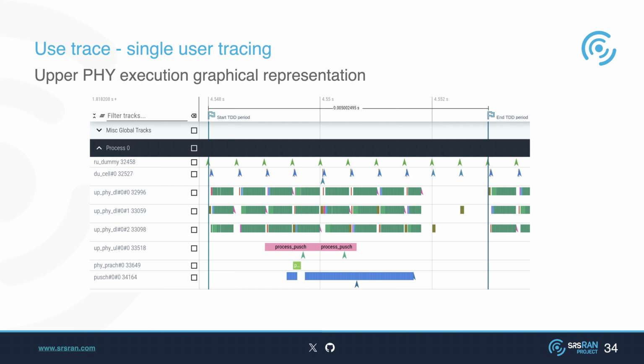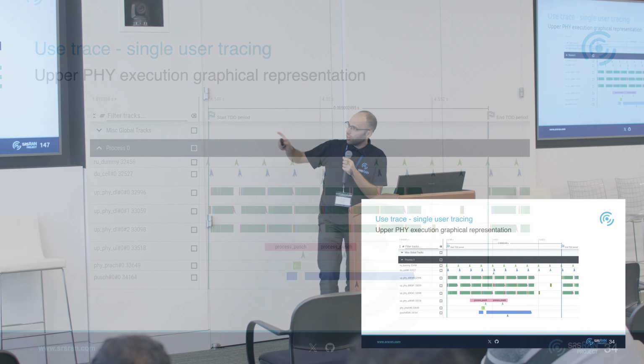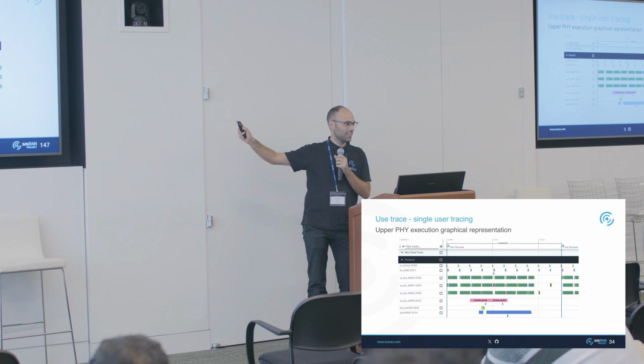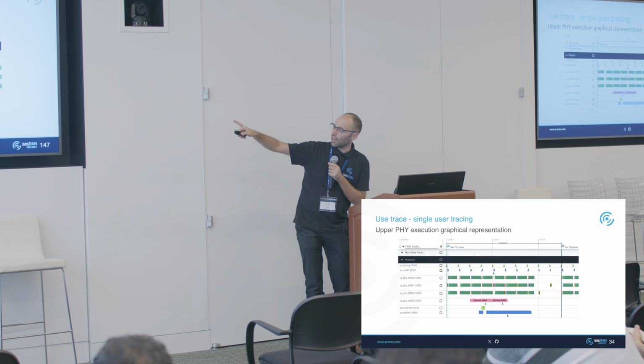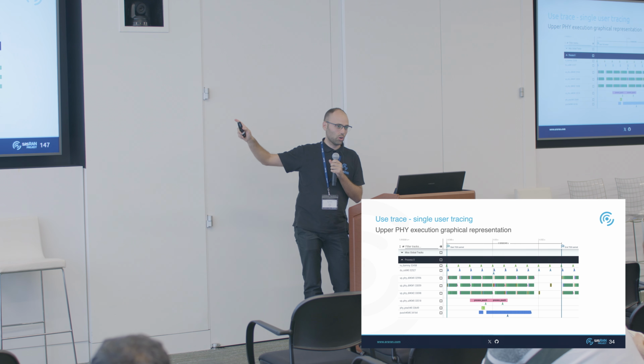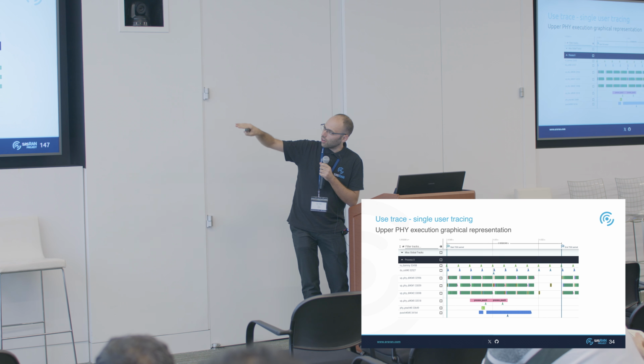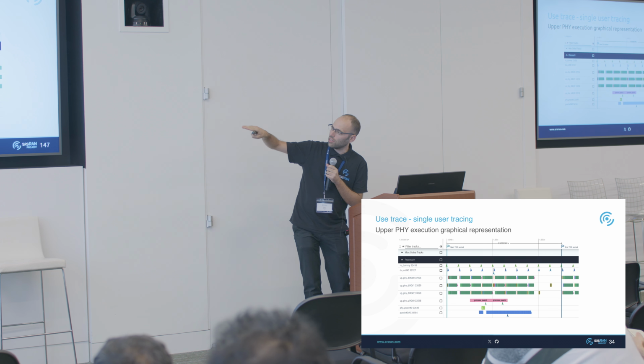So this is a trace. Well, it's hard to see, but here we have an entire TDD period. Can you see well? OK, so the green arrows are the beginning of each of the slots, and the green boxes are the code blocks. Each of the horizontal lines is a different thread.